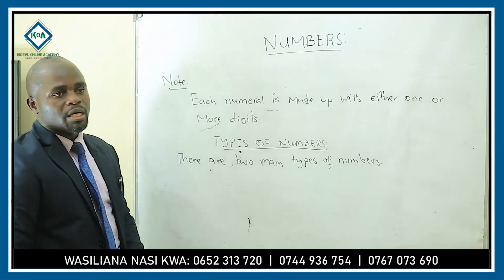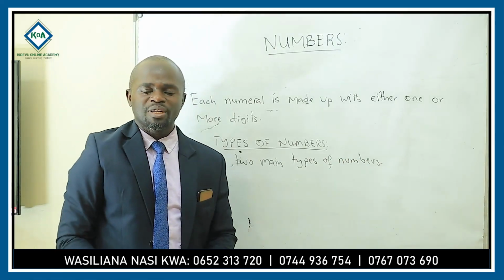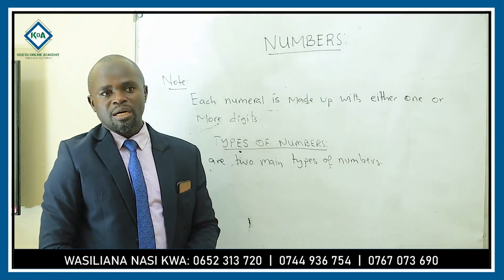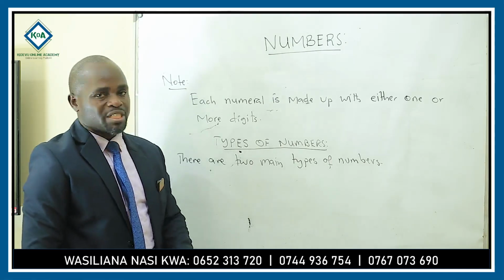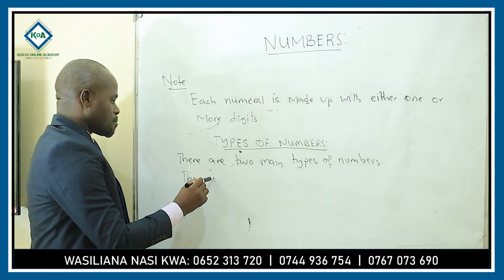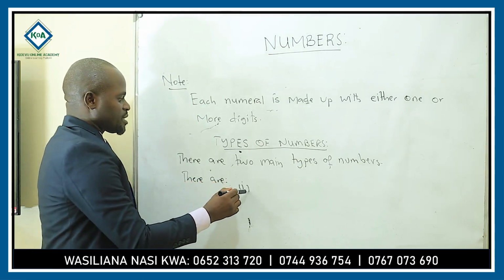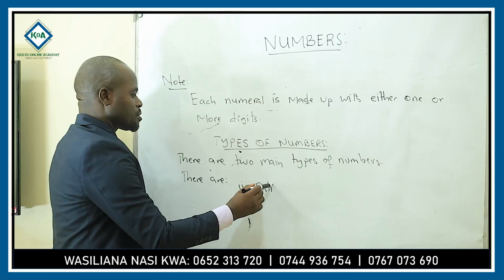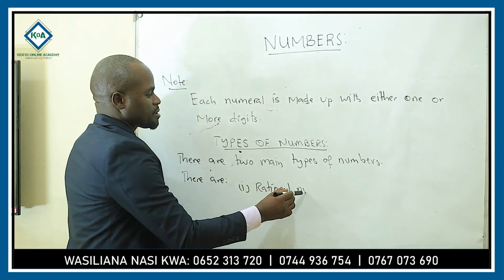And these are the rational numbers and the irrational numbers. So these are the main two types of numbers. We have the first, which is rational numbers.